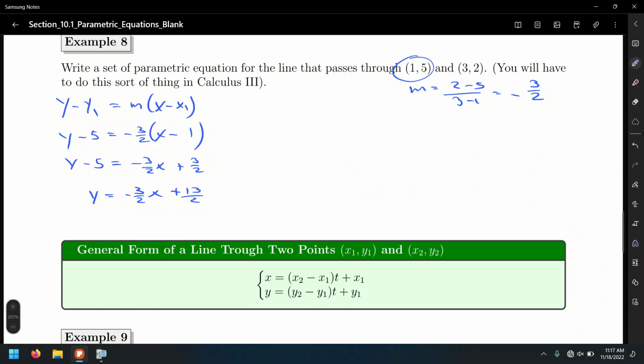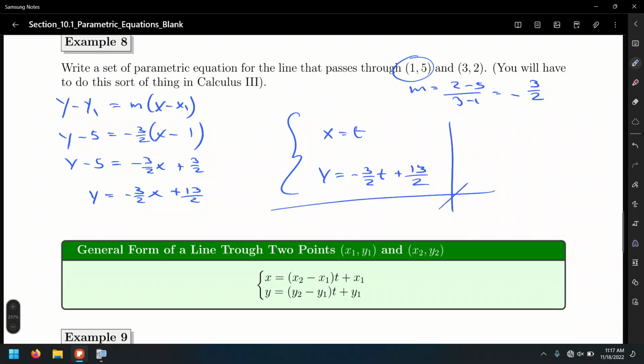Let's parameterize it the traditional way. That is, letting x be the parameter t, and y equals negative 3/2 of t plus 13 halves. All right, just that.